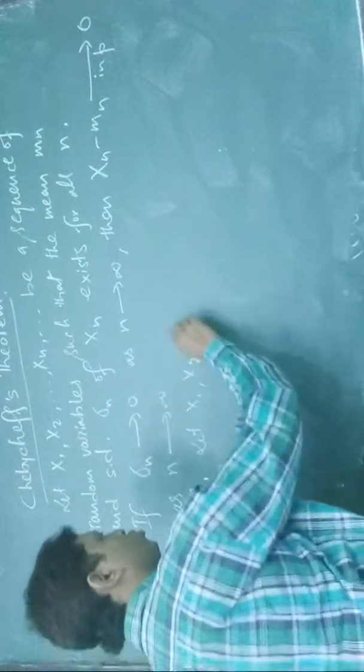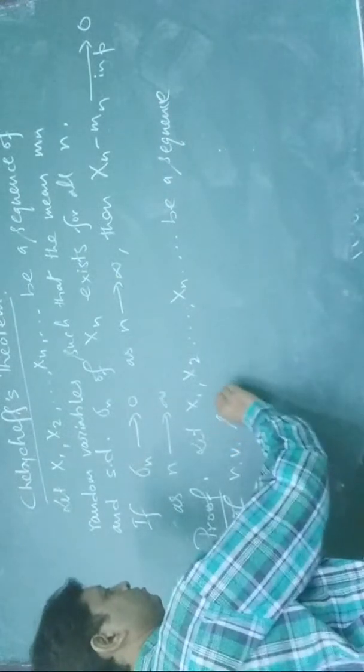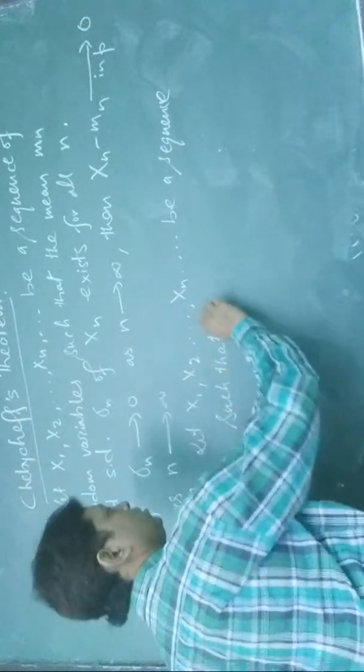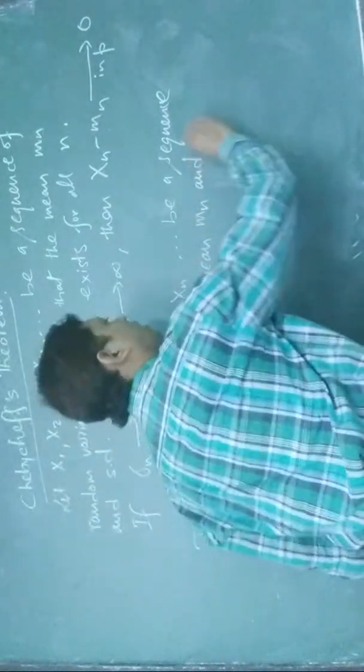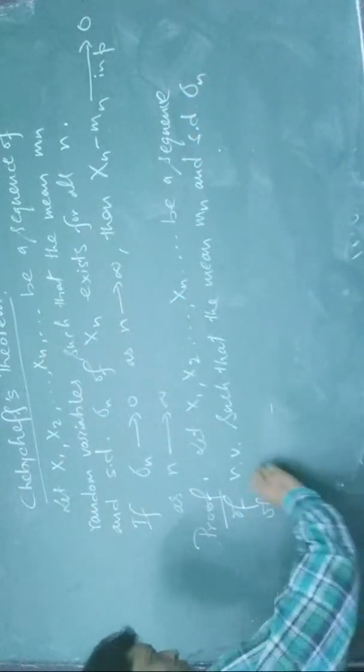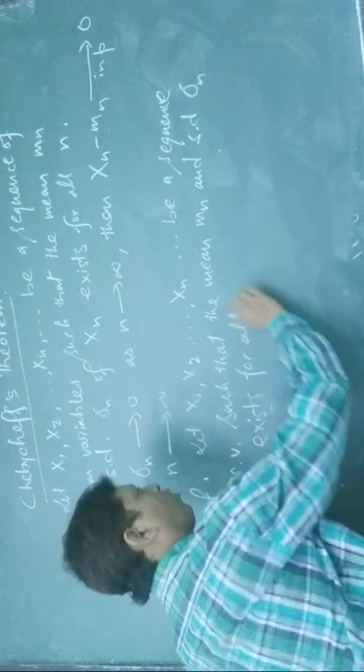Let x1, x2, xn be a sequence of random variables such that the mean mn and standard deviation sigma n of xn exist for all n.